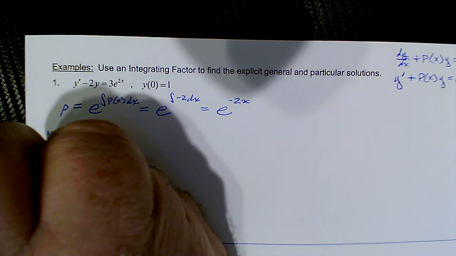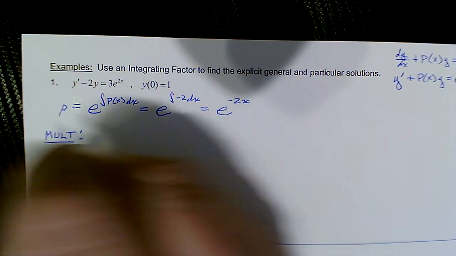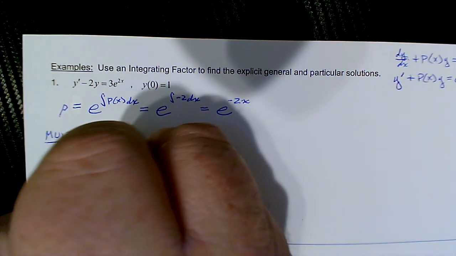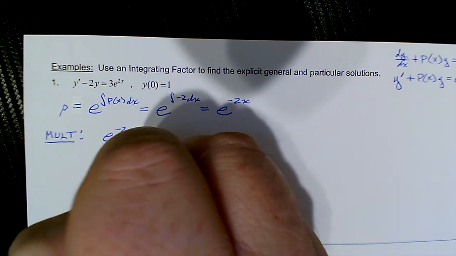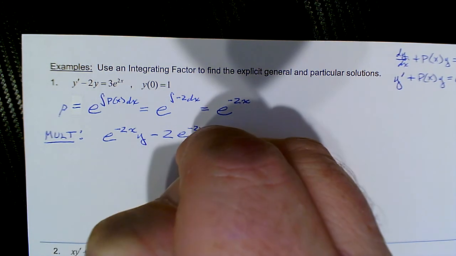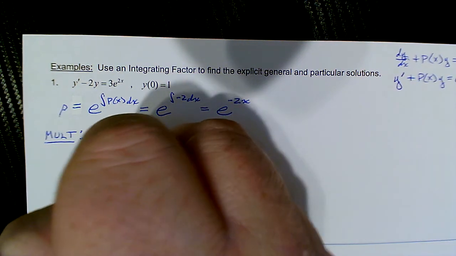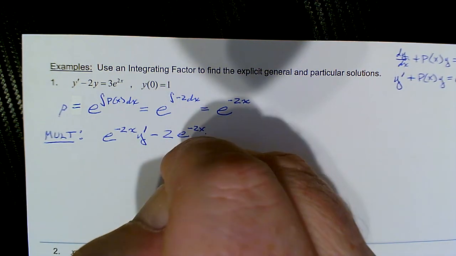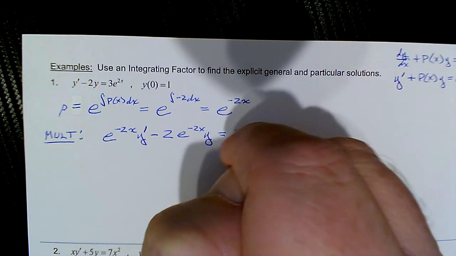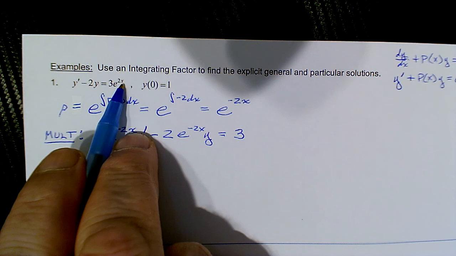Alright, now we're going to multiply. So everything gets multiplied by e to the -2x, so e to the -2x times y prime, and then minus 2 e to the -2x times y, equaling 3 times e to the 2x.